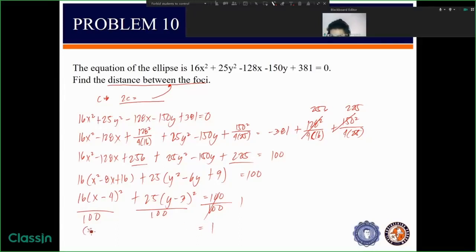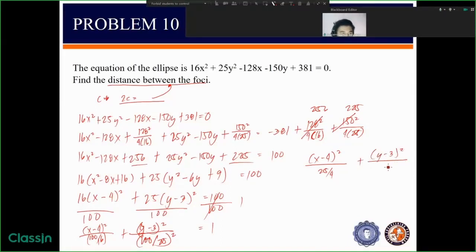And then, you have x minus 4 squared over 100 divided by 16, plus y minus 3 squared over 100 divided by 25. These coefficients up here, we should move to the denominator. So here, I'll just put it here: you have x minus 4 squared over 100 divided by 16, so you have 25 over 4.